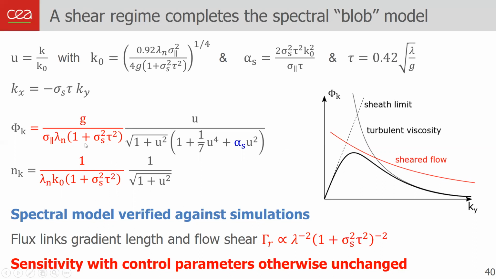This I will not go through. We could verify this model against simulation. What you find, very importantly now, is that the sensitivity of the flux with control parameters is not changed. It is just the amplitude that is impacted by the shear flow, maybe by a factor of 2 to 3, depending on where you are in the shearing regime.